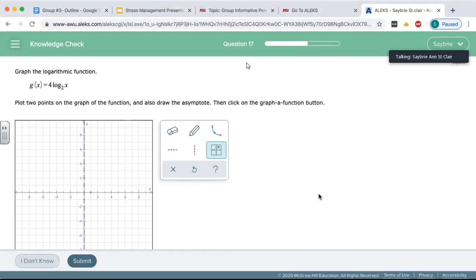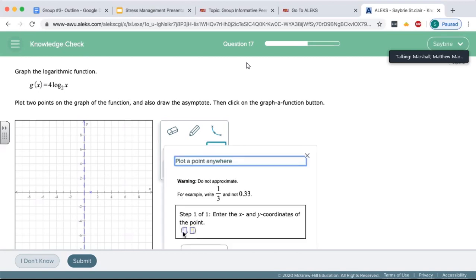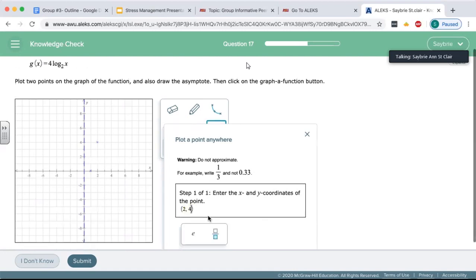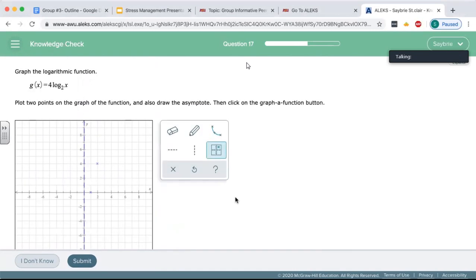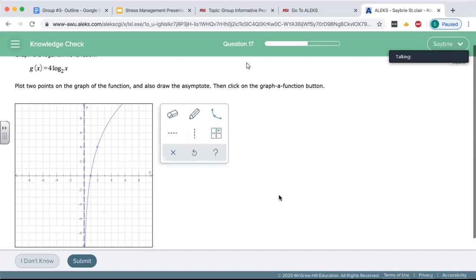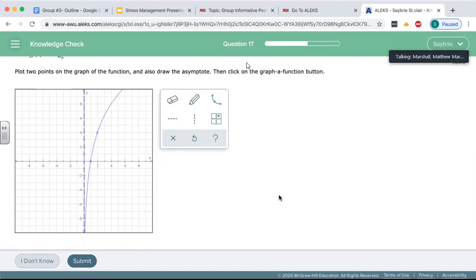There we go. So you got 4 out of that. So maybe 2, 4. Yeah, we're doing these wrong. But you know, it looks good. Try that. That looks good. Pretty close to what we got.